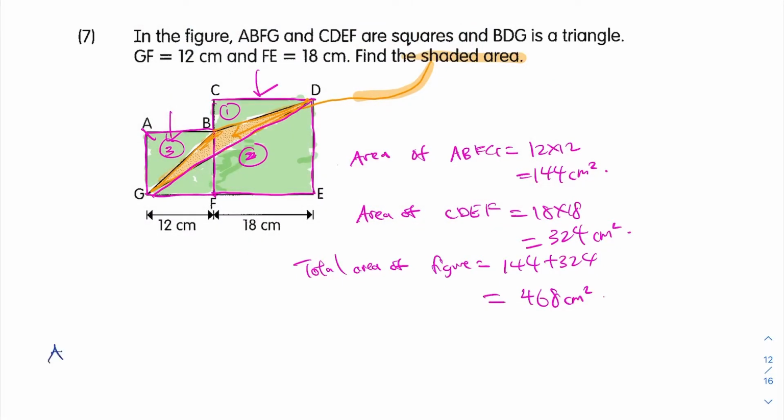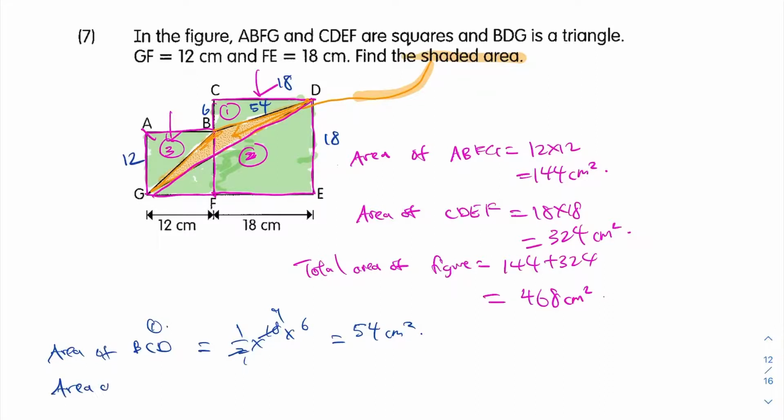Next, area of triangle 1, which is BCD, that's number 1, is this would be 18, and since this is 12, this would be 6. So half times 18 times 6 would give you 54 square centimeters. So this is 54.